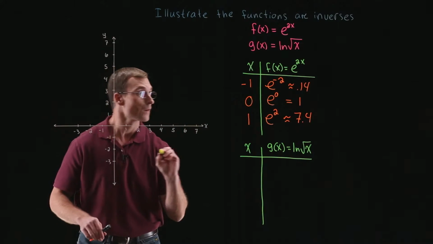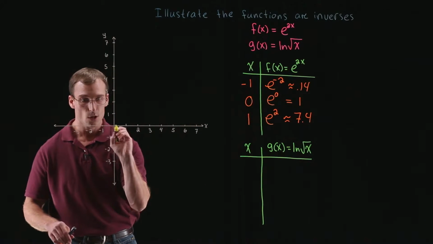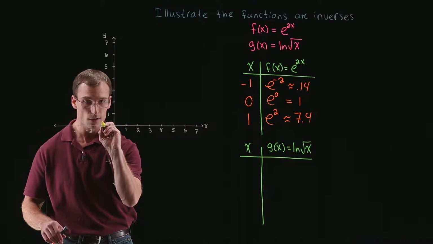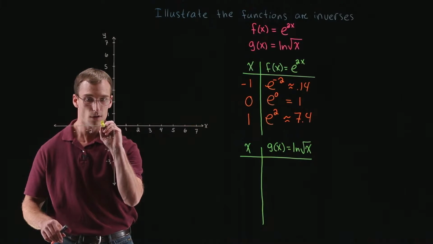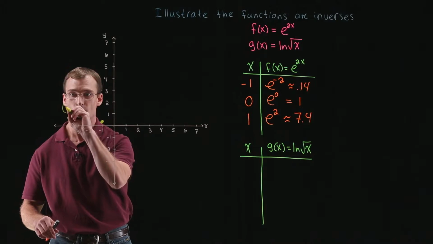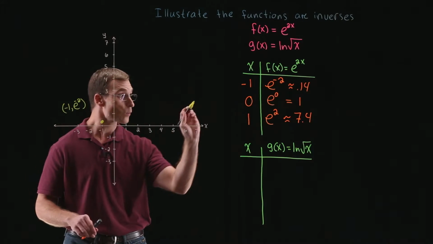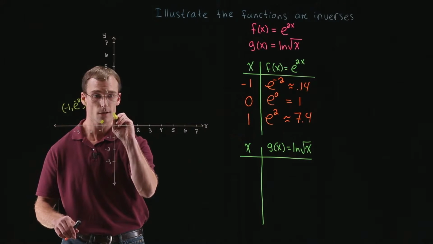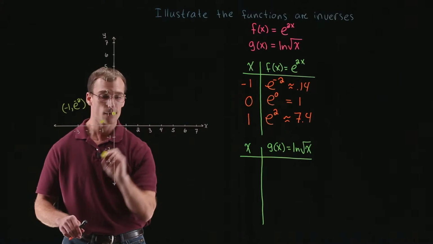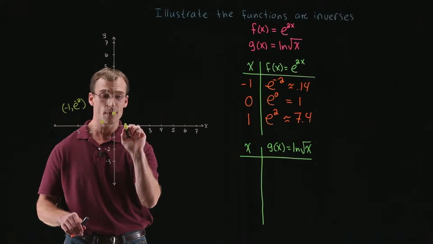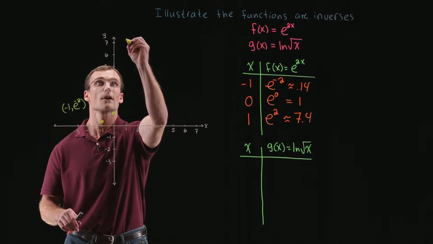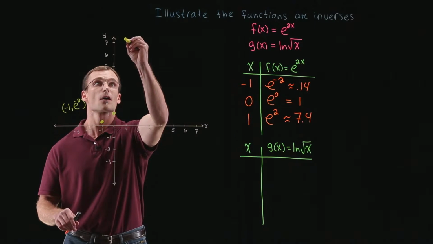So when x is -1, we're at about 0.14. We have our point -1, e to the -2. When x is 0, y is 1. And when x is 1, we're at e squared, or approximately 7.4 up here.